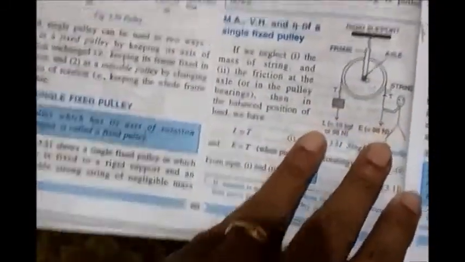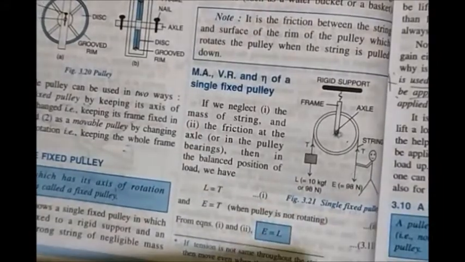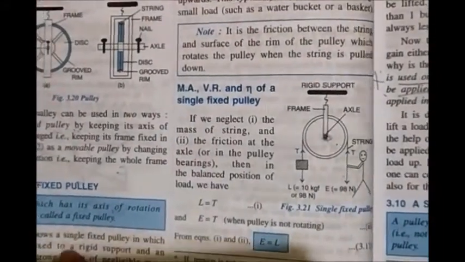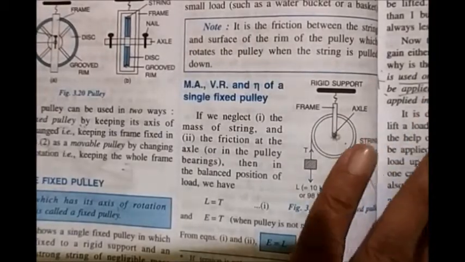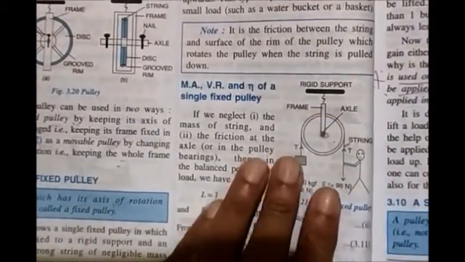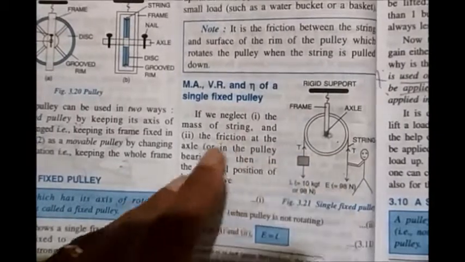Now let's start with single fixed pulley. In this, diagrams are very important. So whenever you study this portion, along with that, please practice the diagrams. That's very, very important. If you take a fixed pulley, the diagram will be like this. Why is it called fixed?